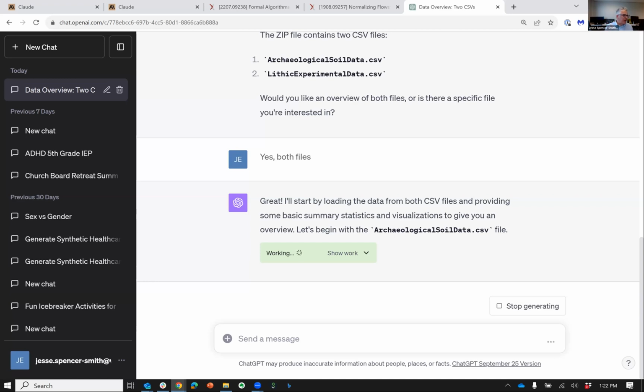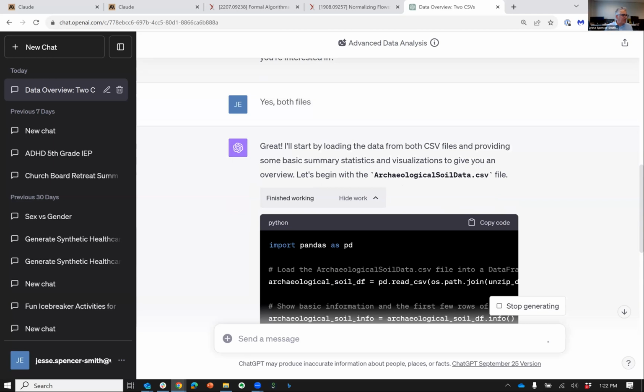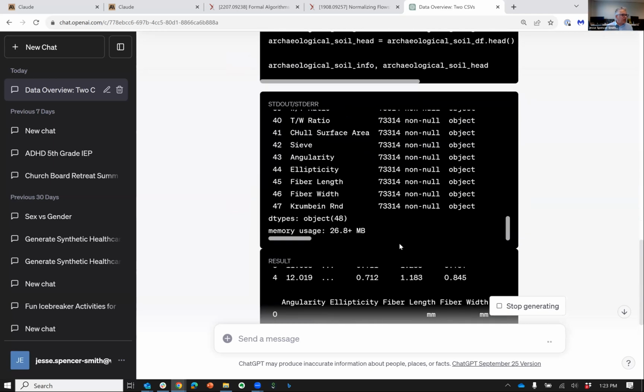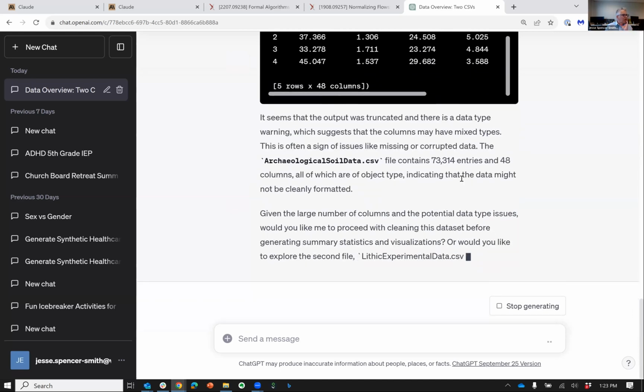So what's happening in the background right now? It created code. It uses pandas. So it loaded up the data here, and then it did a head, and it seems the output was truncated, and there's some data type warning. So it's going through, it's going to be fixing it.